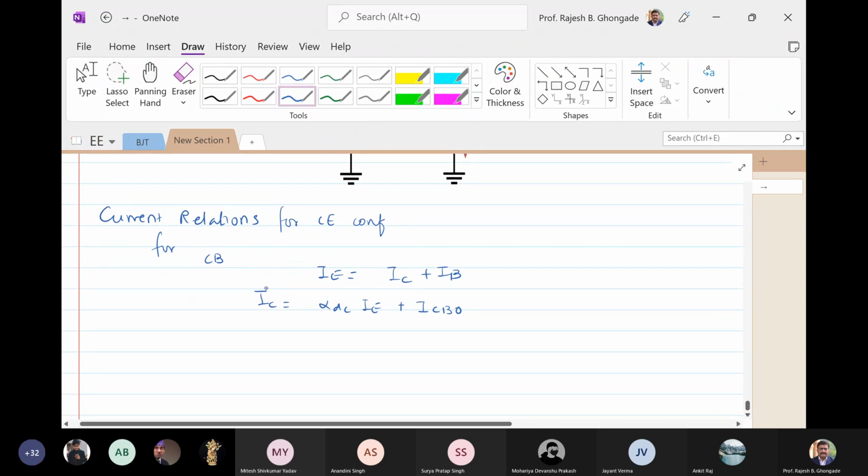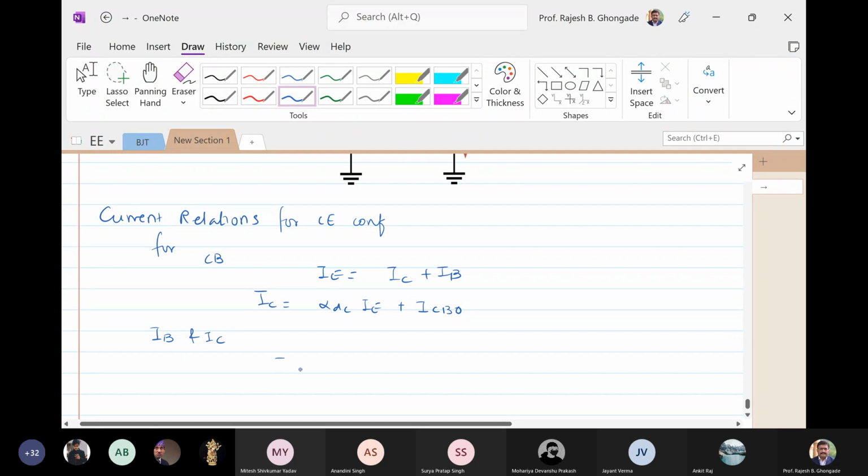This is for IC. In common emitter configuration, IB becomes the input current and IC is the output current. So we have to find out the relationship between IB and IC.